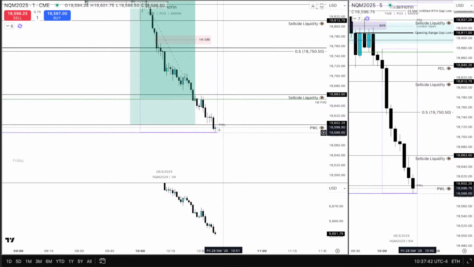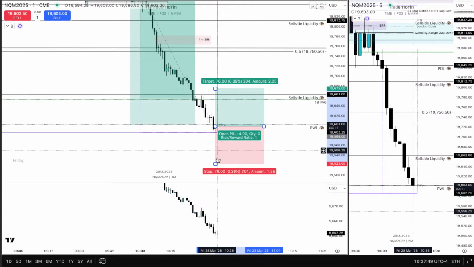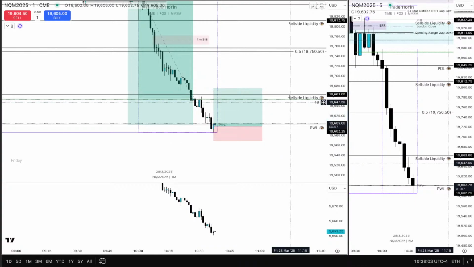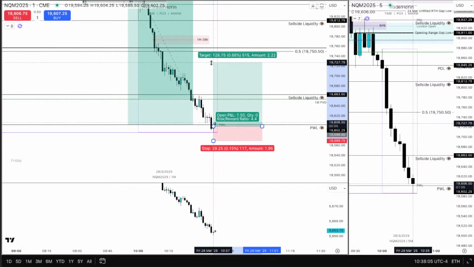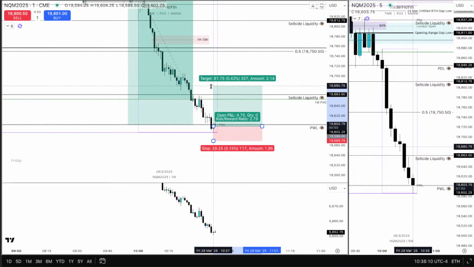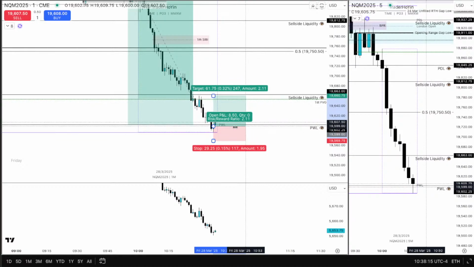If you enter long here, say 30 points of risk, you aim for 2R.